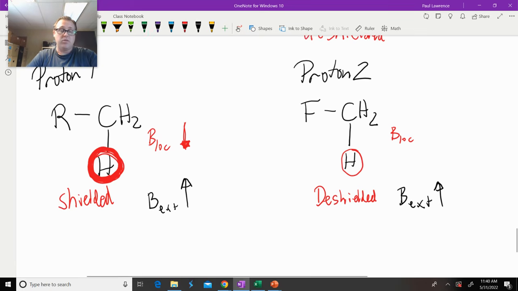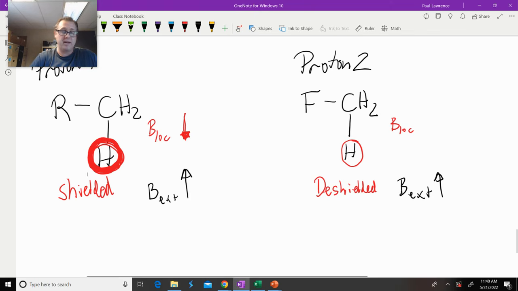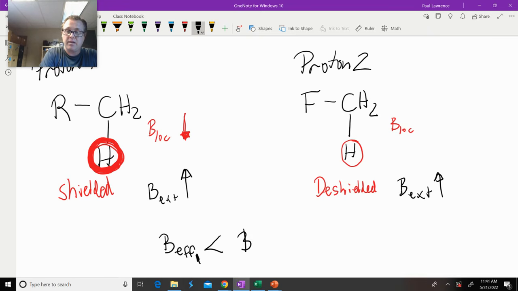So because proton 1 has more electron density, it's going to have a larger local magnetic field, which is going to oppose the external magnetic field. So what we're going to find is that the B effective for proton 1 is going to be less than the B effective for proton 2 because proton 1 is more shielded.